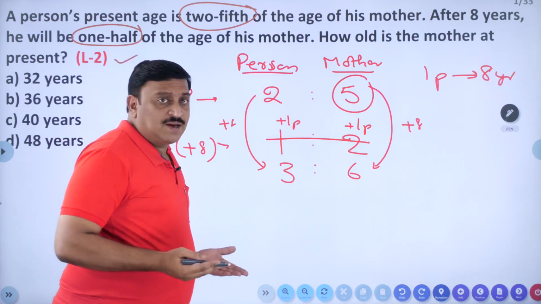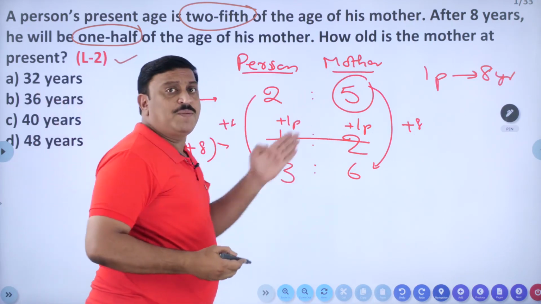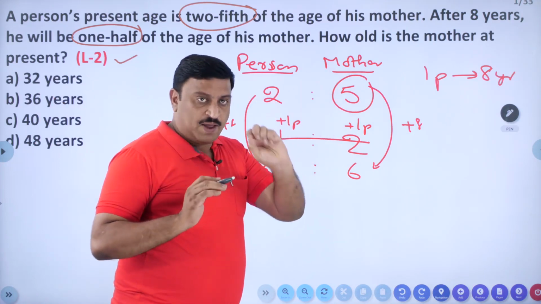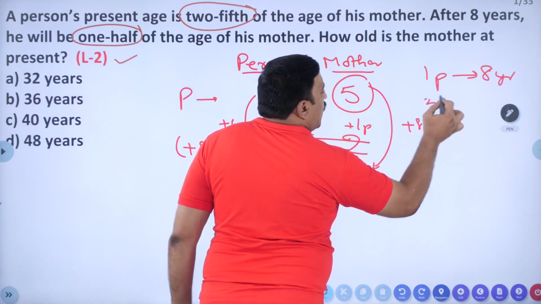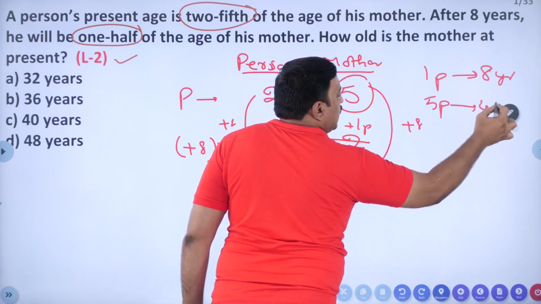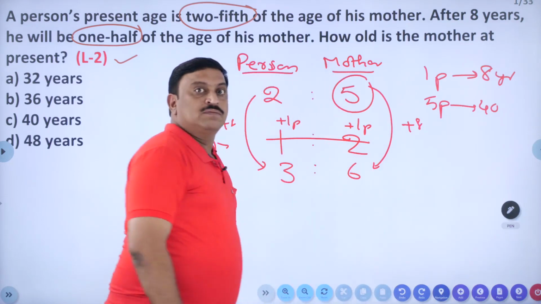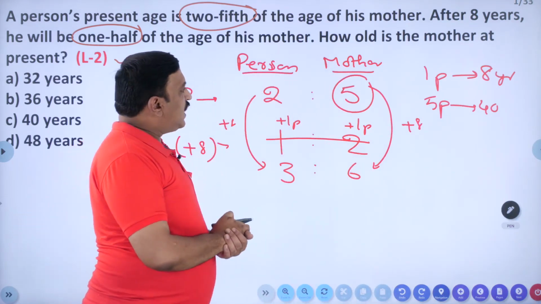Then what do we need? Present mother. Present mother is how many parts? 5 parts. We need directly 1 into 8, so 5 into 8 is 40 years. Understood?